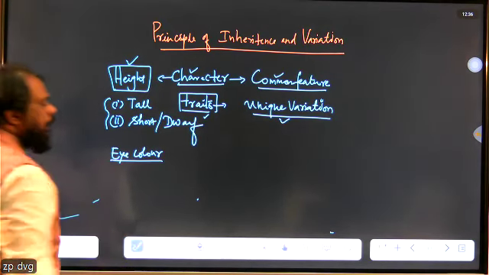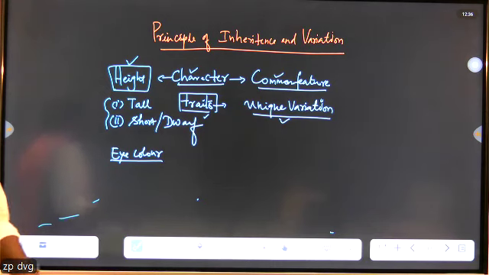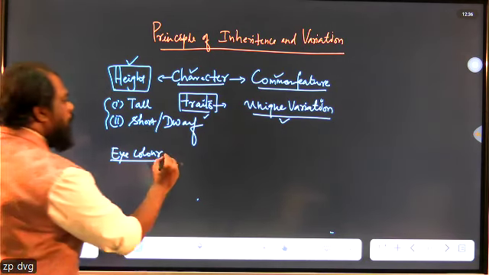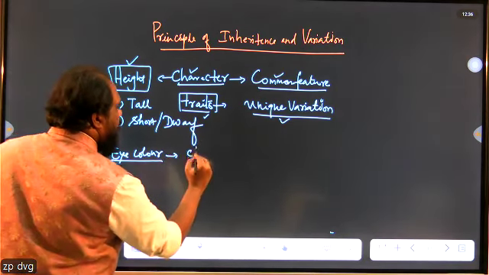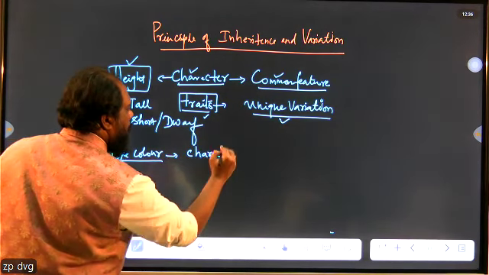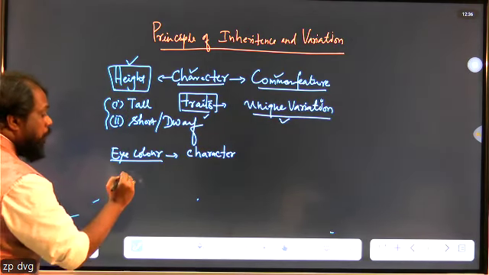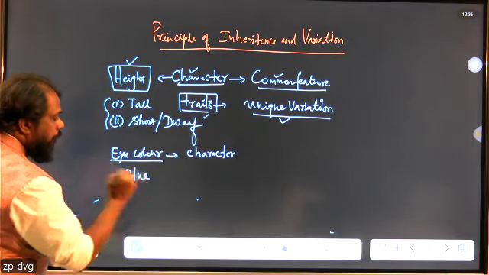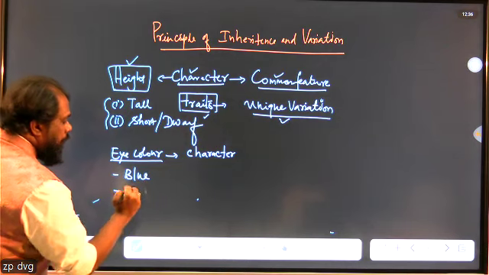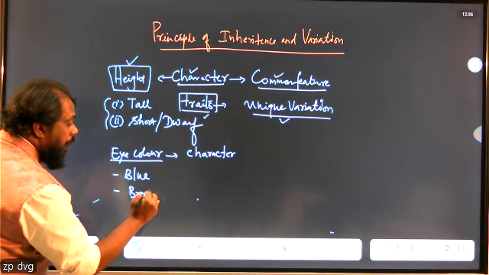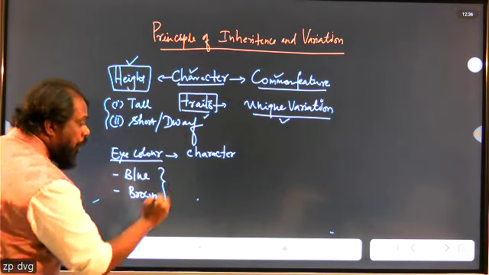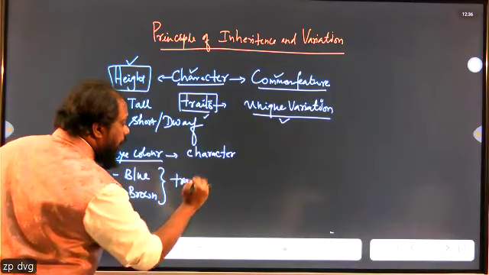Now tell me, eye color is a trait or a character? Obviously, it is a character because generally it talks about the feature. But if I say that a particular person is having blue eyes, or brown eyes, then I am talking about the trait of an individual.